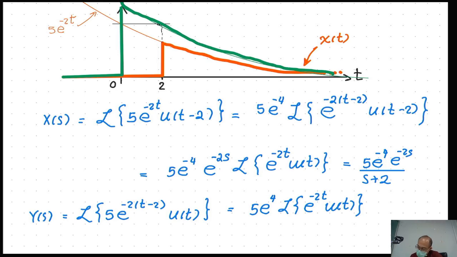And that's easy. This is not time shift at all. It is 5 e to the 4th over s plus 2. So that's what we expected. They should not be the same. They're not equal.